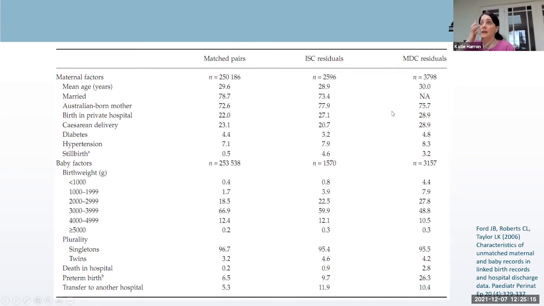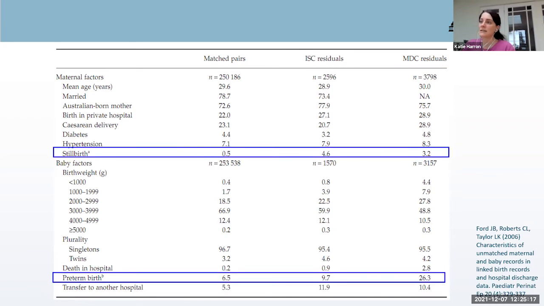By comparing the characteristics in these different groups, you can see that the outcomes that they were interested in, stillbirth and preterm birth, were much lower in the matched groups. So the unmatched records were more likely to be stillbirth or preterm birth. There's something about the data quality associated with these records that made them more difficult to link.